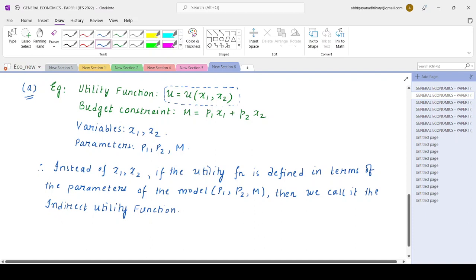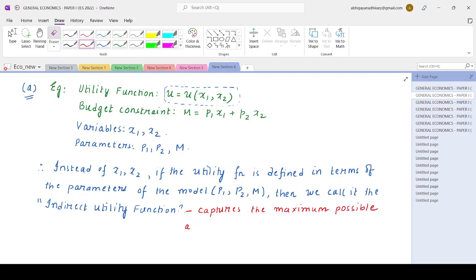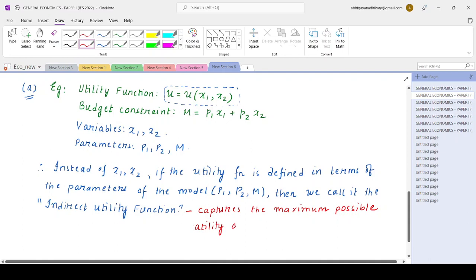And then, what exactly does this say? The indirect utility function basically captures the maximized value of utility. That means the maximum possible utility achieved by a consumer for a given price level and money income.